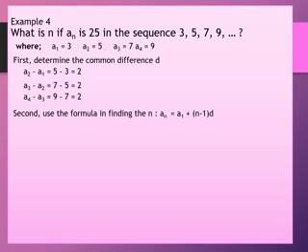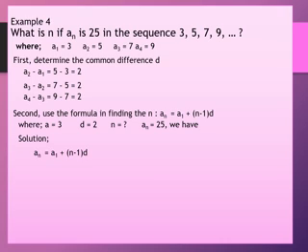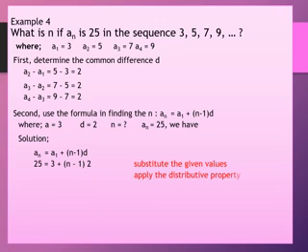Second, use the formula in finding n, where a sub 1 is equal to 3, d is equal to 2, n is unknown, and a sub n is 25. We have a sub n is equal to a sub 1 plus n minus 1 times d. Substitute the given values. 25 is equal to 3 plus n minus 1 times 2.